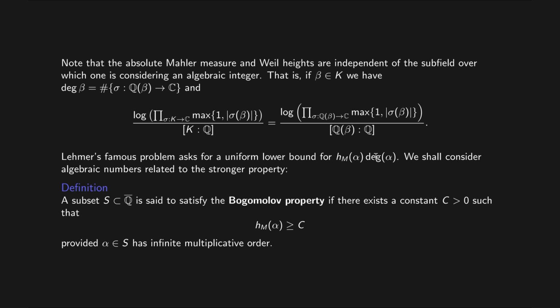We'll ask for fields which satisfy the Bogomolov property, and we say that a subset of algebraic numbers satisfies the Bogomolov property if there exists a positive constant C such that all elements in this set have absolute Mahler measure bounded from below by C. Of course, now the question is: if Lehmer's conjecture is something much weaker and it's still so difficult, do we have number fields like this?